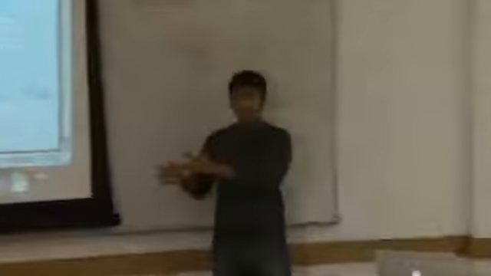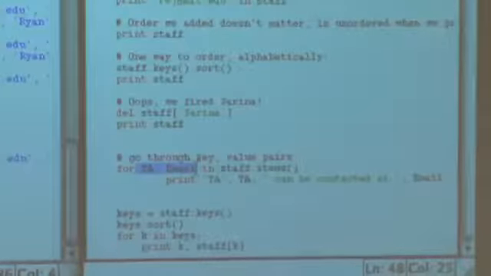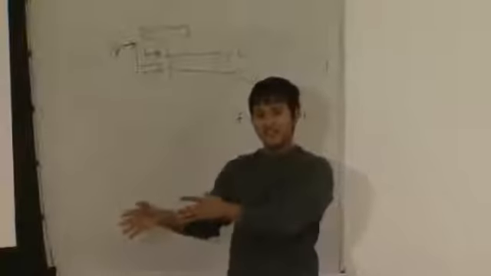Okay? So you can do this. But actually, Python provides a way to iterate over both keys and value pairs. That you do by calling the method items. The items method returns a list of key value pairs.